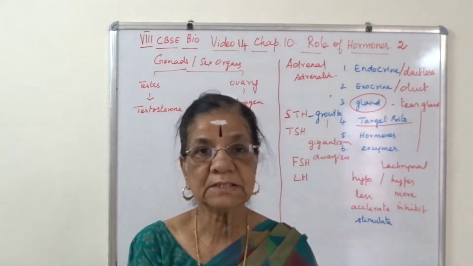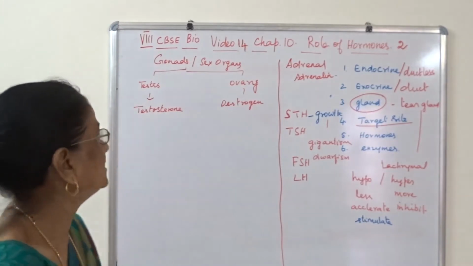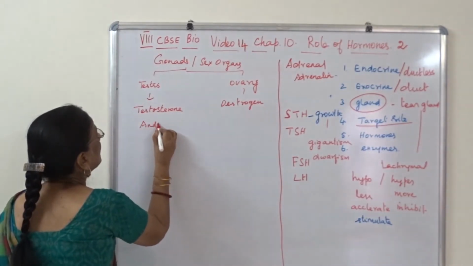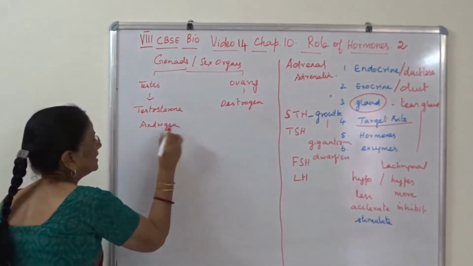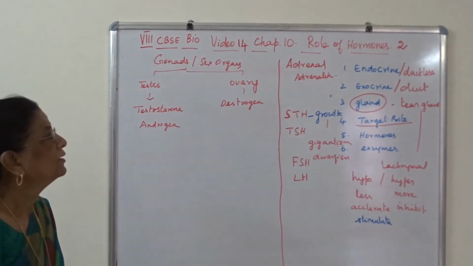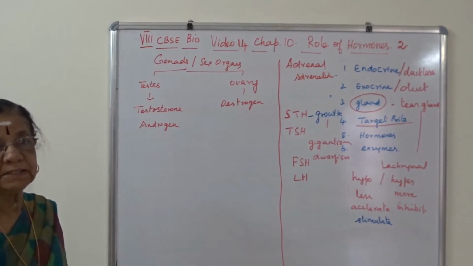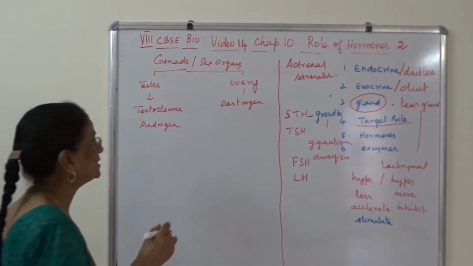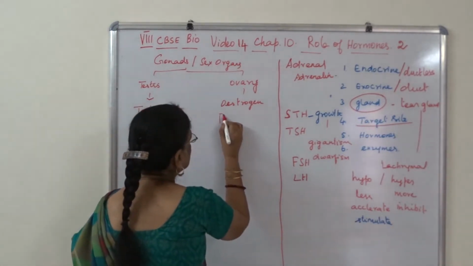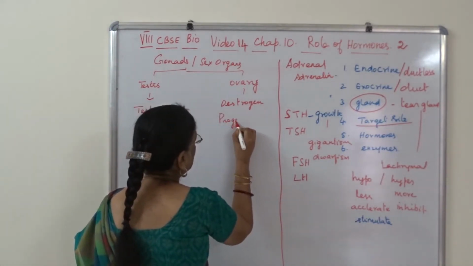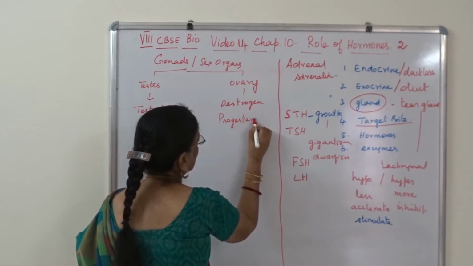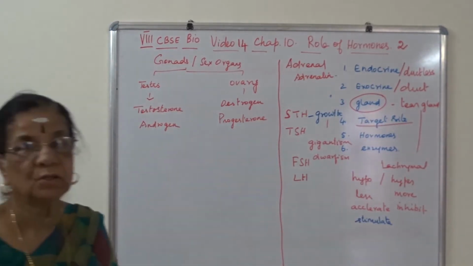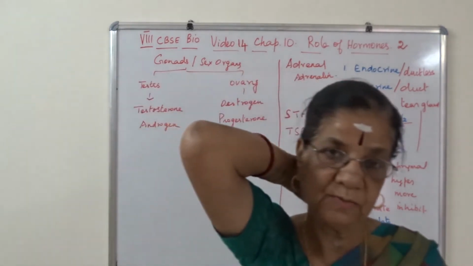So the secretions of those with the testosterone is called androgen. Whereas in ovary, it secretes the hormone estrogen, and during pregnancy, another transitory hormone called progesterone.